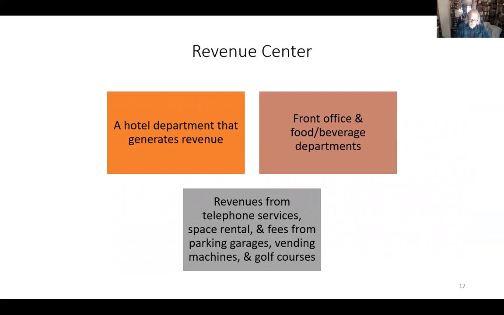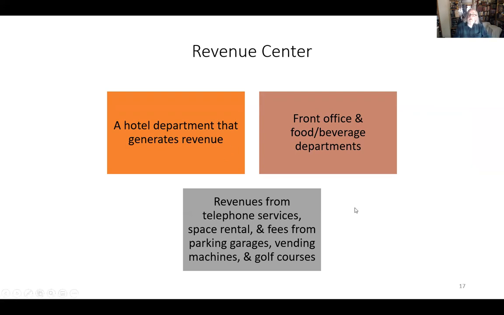Dining rooms, lounges, room service, banquet areas. And then as you see here, maybe you're providing some special telephone service, some Wi-Fi, something like that, maybe some space rental, parking garage fees, vending machines, certainly, and then even different things like a golf course, but you could also have a gym or a spa, things like that.